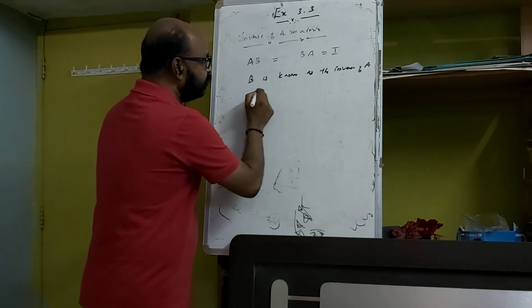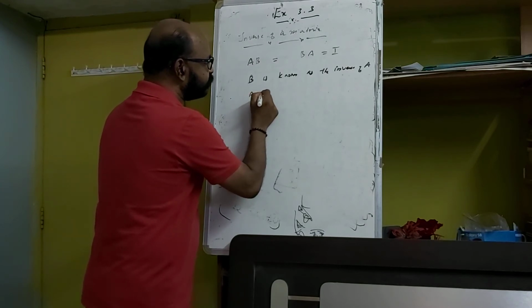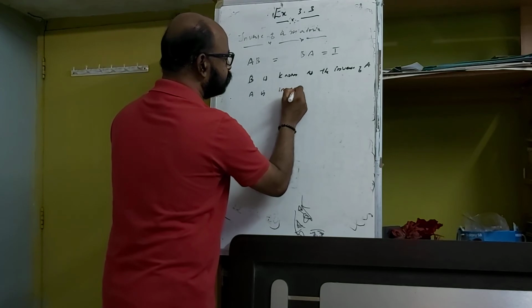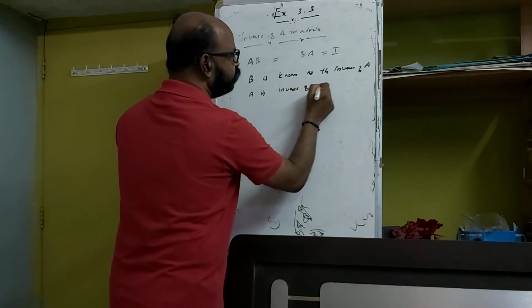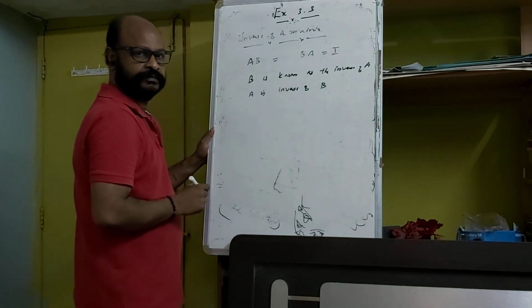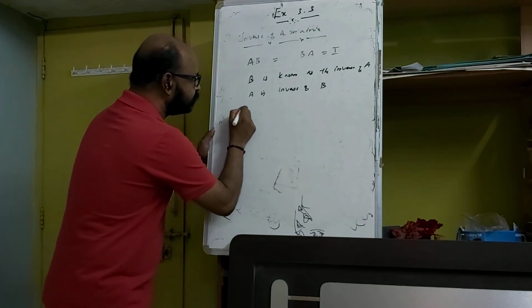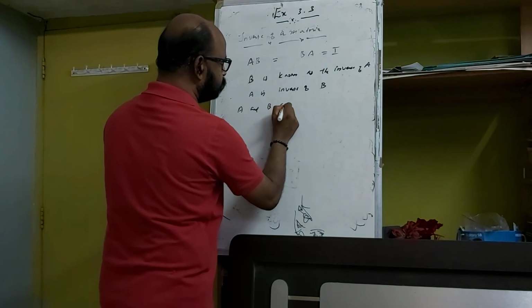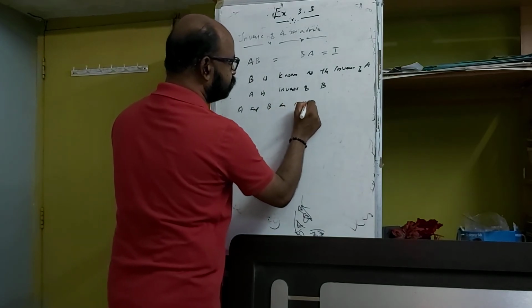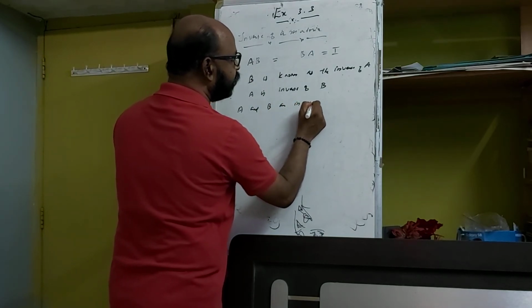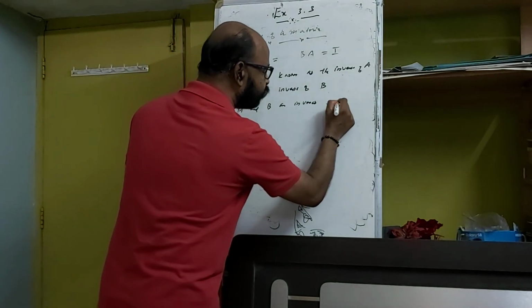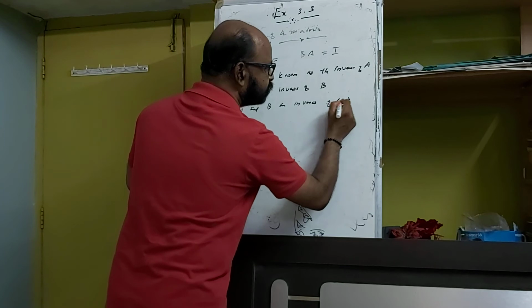Therefore, vice versa, A is the inverse of B. It means A and B are inverses of each other.